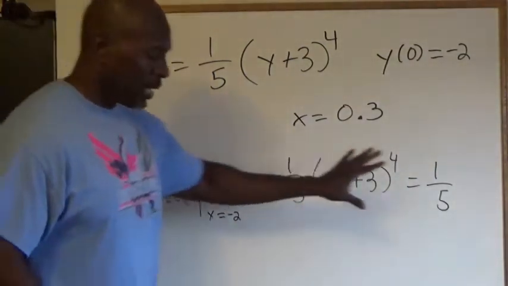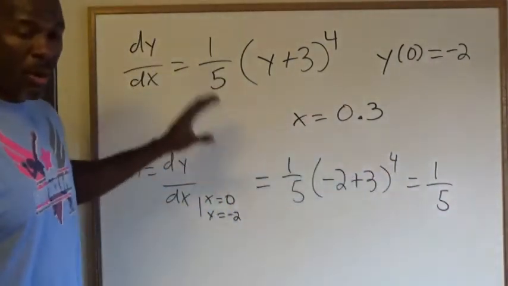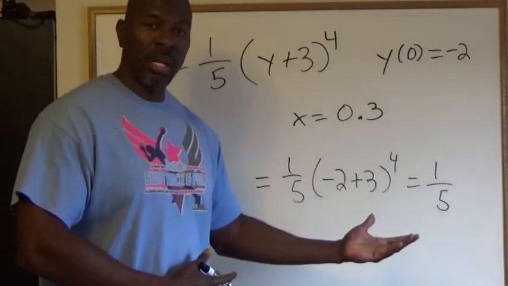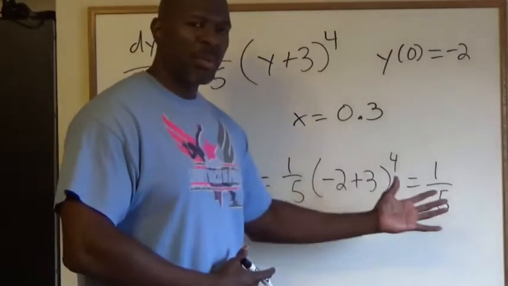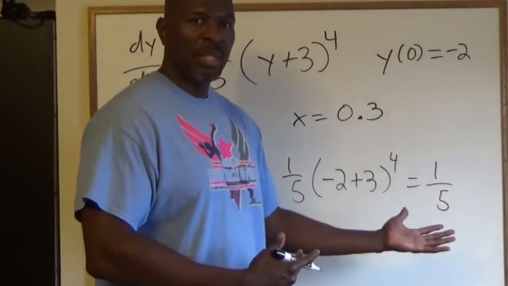What we did right here, finding m, again, is really the only real work we're going to have to do in this problem. Other than that, we just have to remember the formula for the tangent line approximation.